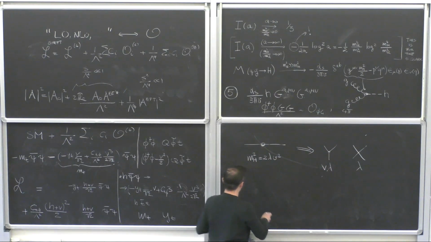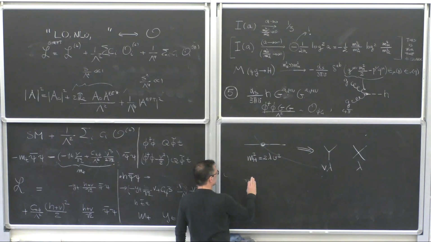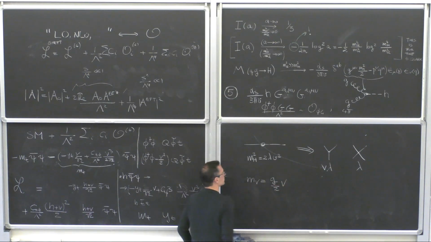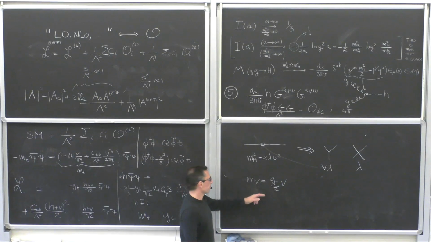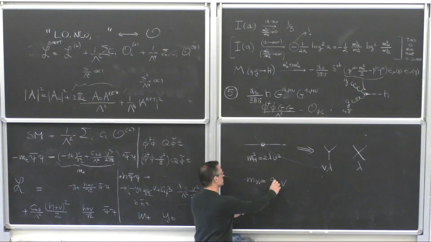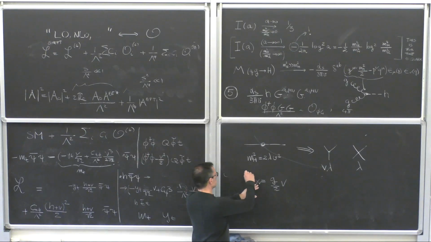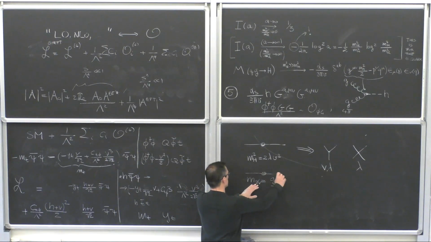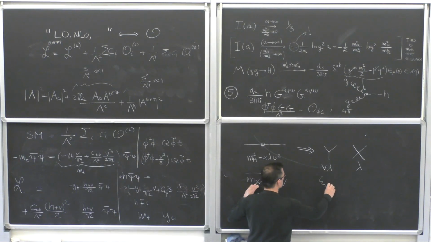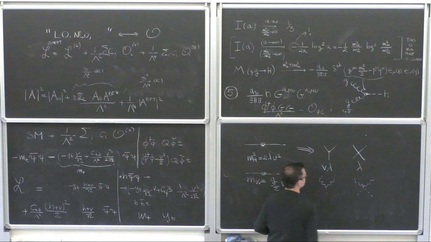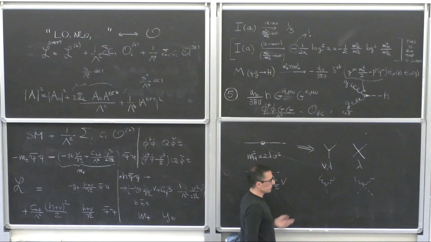And for the W and the Z, it is the same. So this is a W, let's say, okay? Once I know the mass of the W, so I know the 2-point function for the W, I also know the coupling of the W to the Higgs.